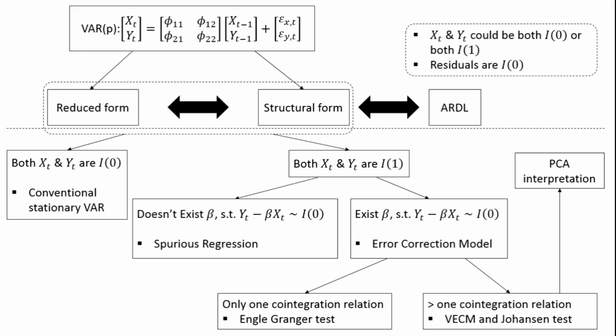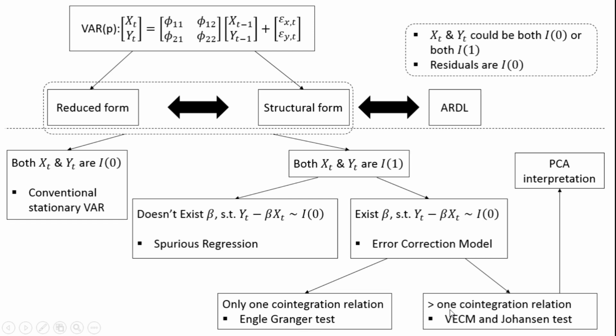In a situation in which we have only one cointegration relation, when beta exists so that YT minus beta XT is stationary, we can say that there exists a cointegration relation between XT and YT. In the case in which we have only one cointegration relation, we should make an Engle and Granger test to know that.